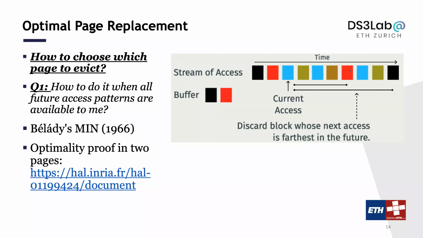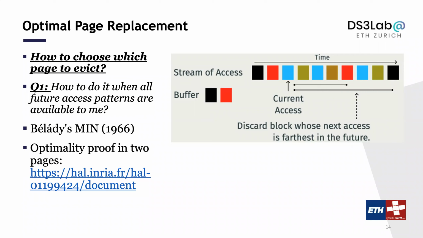After 4 accesses, I'm going to see the red page again. And then you discard the block whose next access is further away in the future. In this case, you are going to evict the black one, because that is really far in the future. You keep the red one, and bring in the blue one to replace the black one and serve the upper layer.